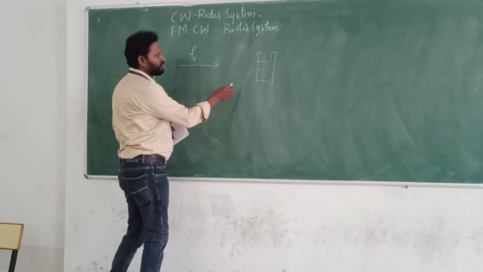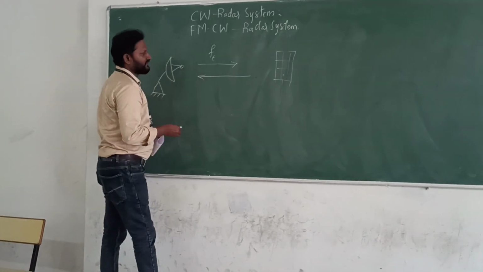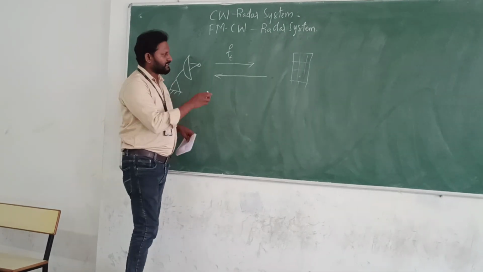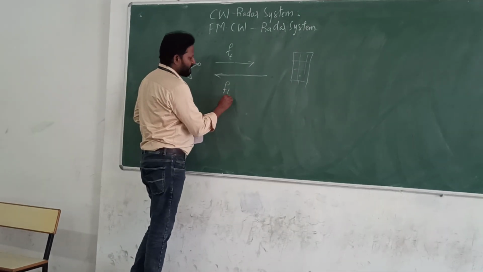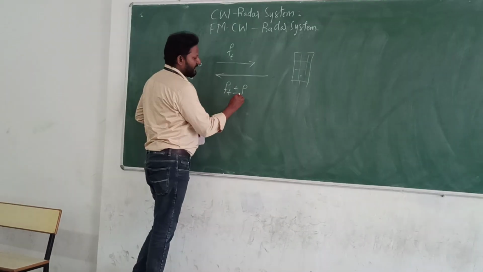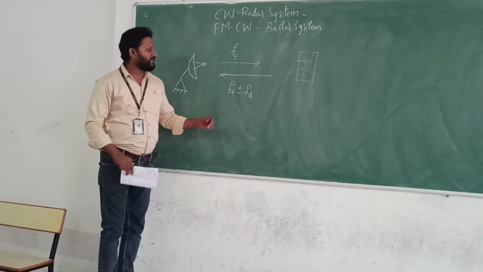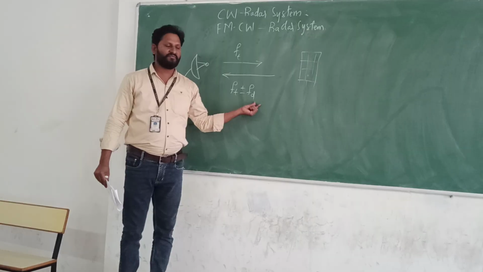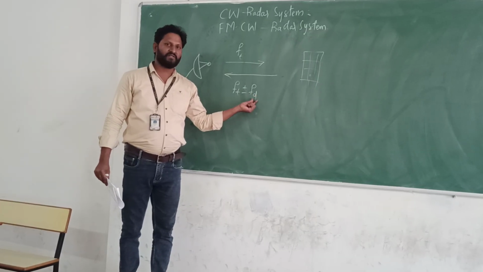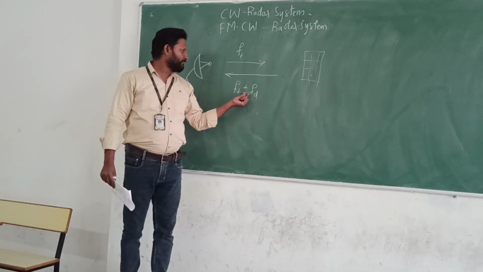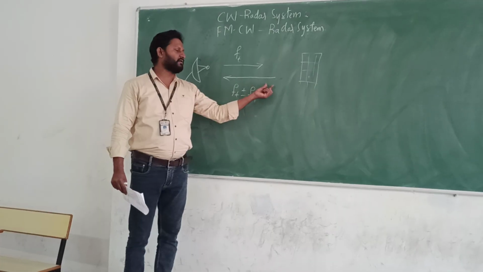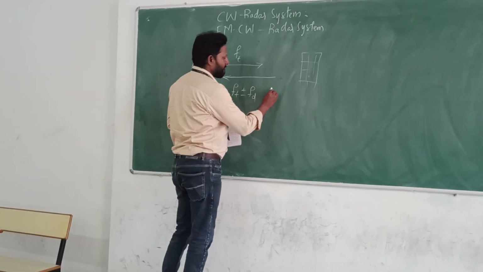So what is happening? The reflected signal is considered as f of t plus or minus f of d, where d stands for deviation of the frequency. So the transmitted frequency plus or minus the deviation is called the echo signal.